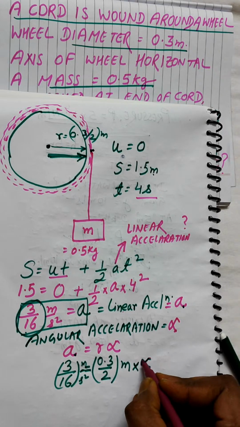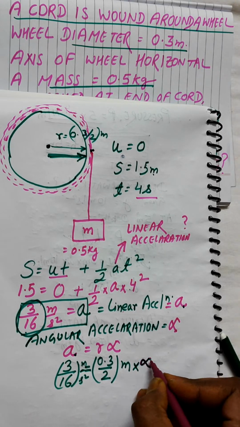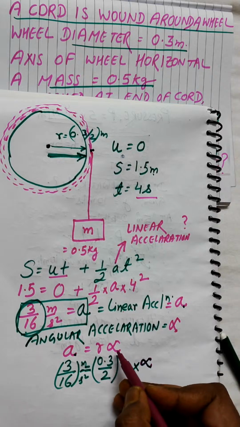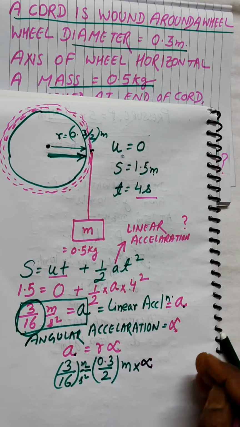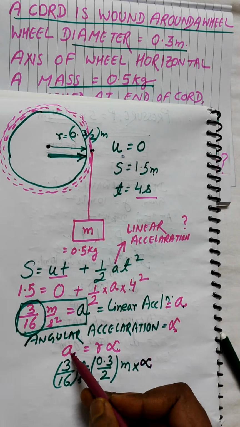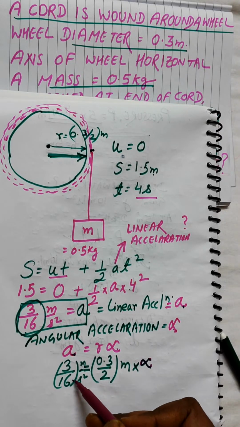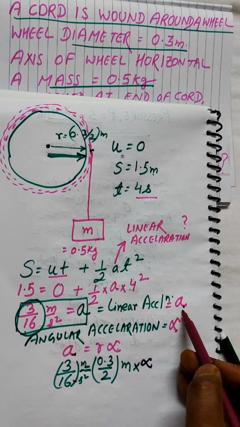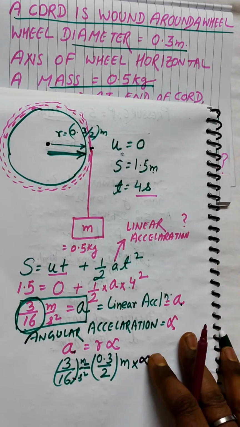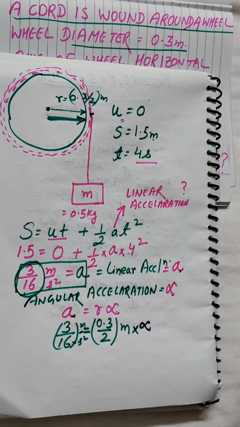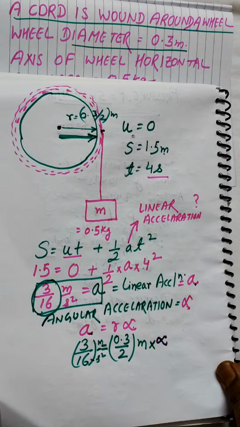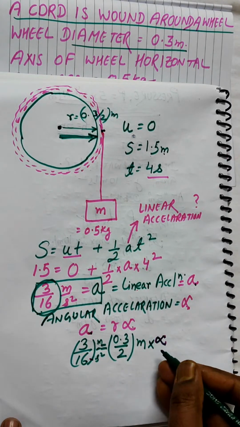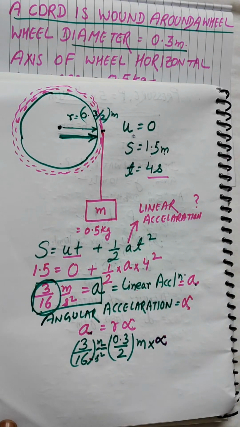Alpha is the angular acceleration and a is the linear acceleration, whose value we have already calculated, 3 by 16.